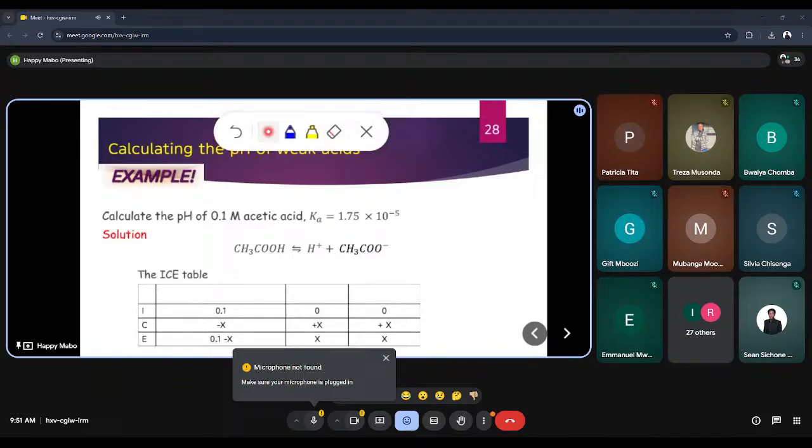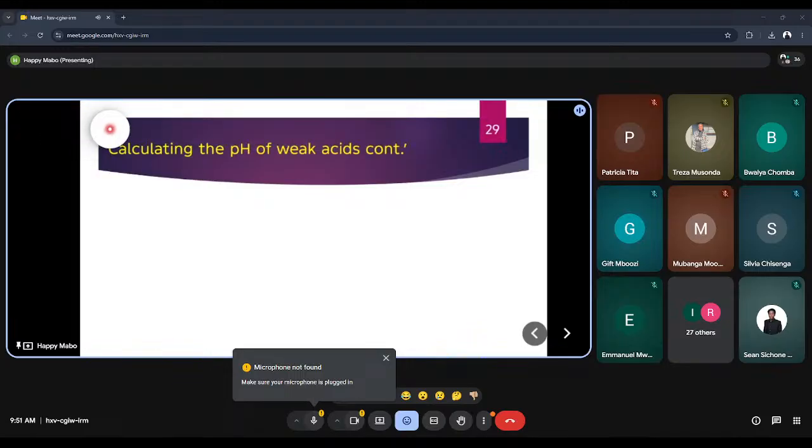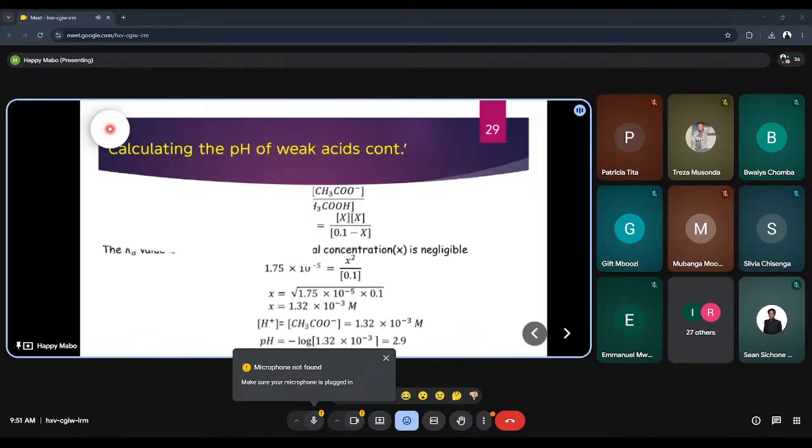You throw them into the law of mass action for the dissociation equation for acetic acid. So using the law of mass action in terms of Ka, you substitute for those concentrations with x and x this side. Then the denominator, which is the concentration of acetic acid at equilibrium, you substitute with that.